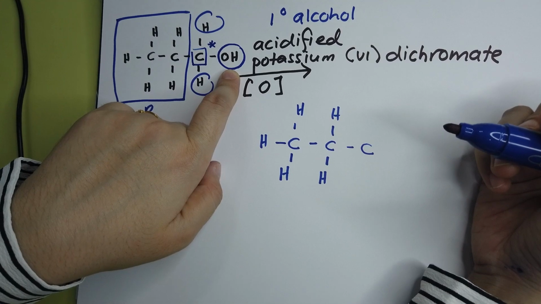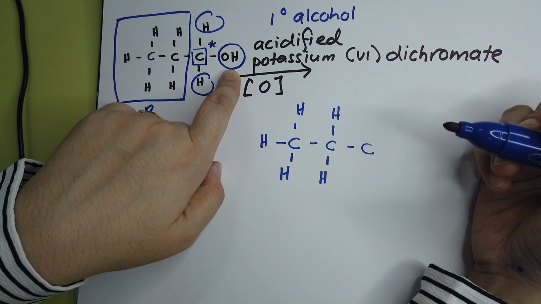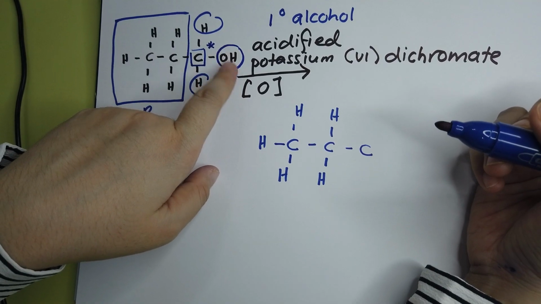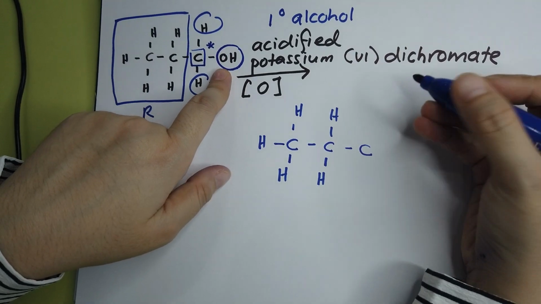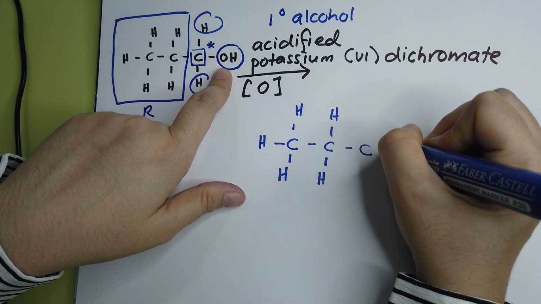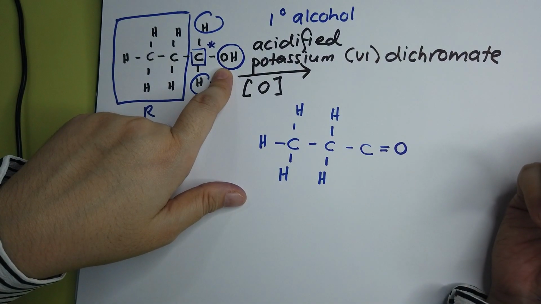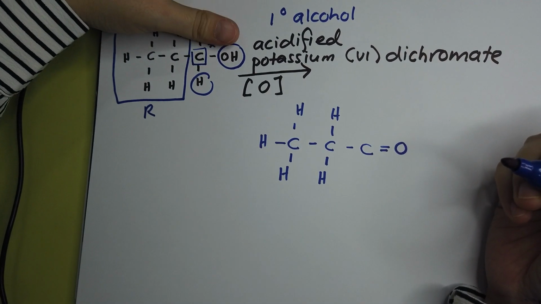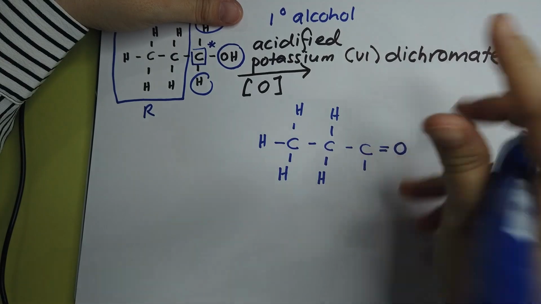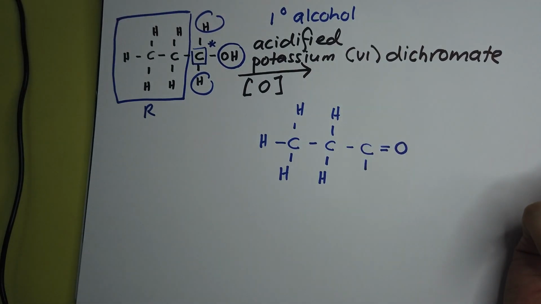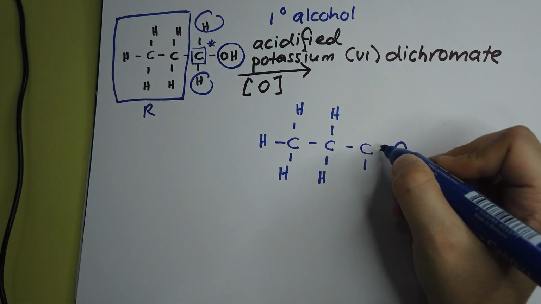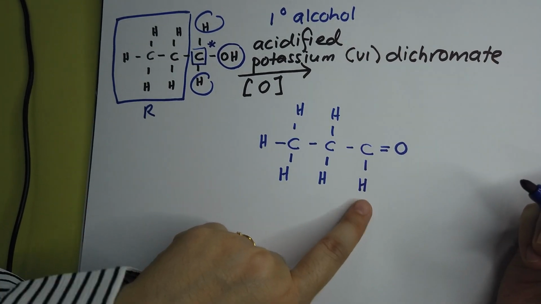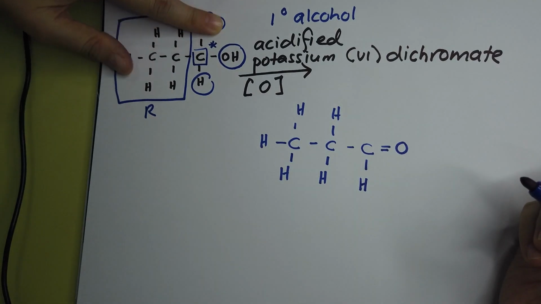For the oxidation of a primary alcohol, at first it will create an aldehyde. So your OH here will turn into a double bond O. And you are going to remove one hydrogen, because your carbon should only have 4 bonds: 1, 2, 3, 4. So this hydrogen will be omitted.